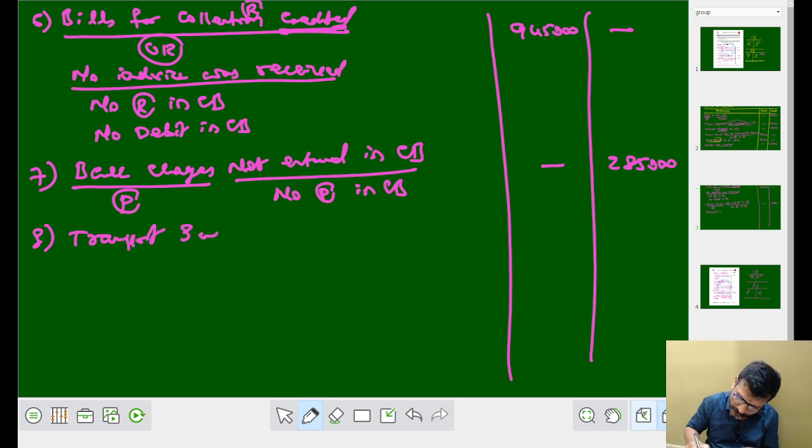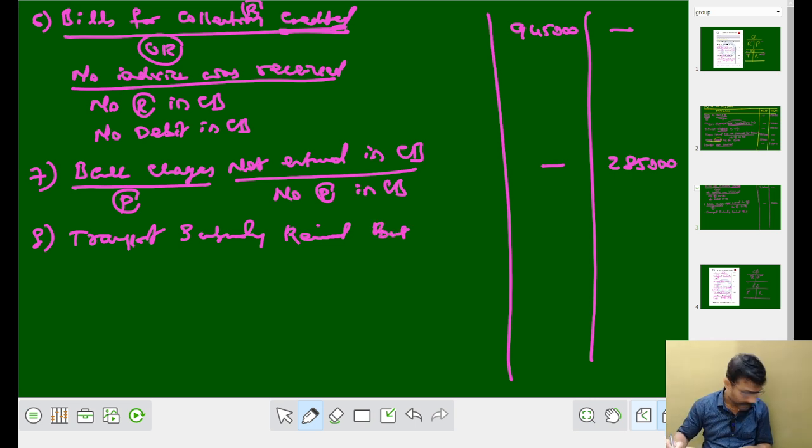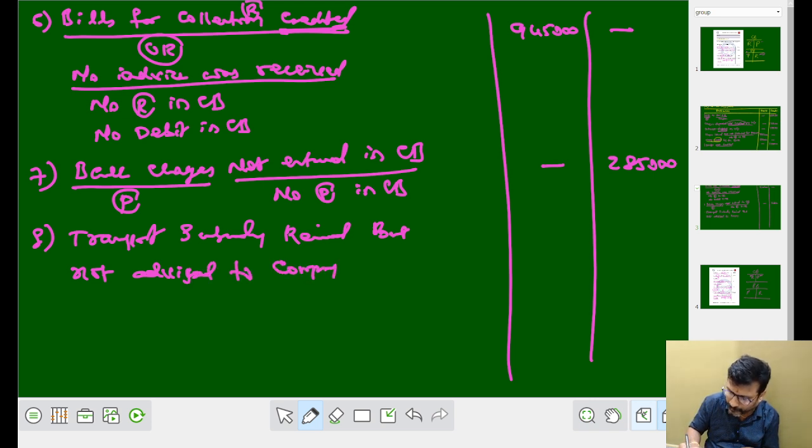Transport subsidy received but not advised to company. See, my dear kids, here transport subsidy received. Received means what?